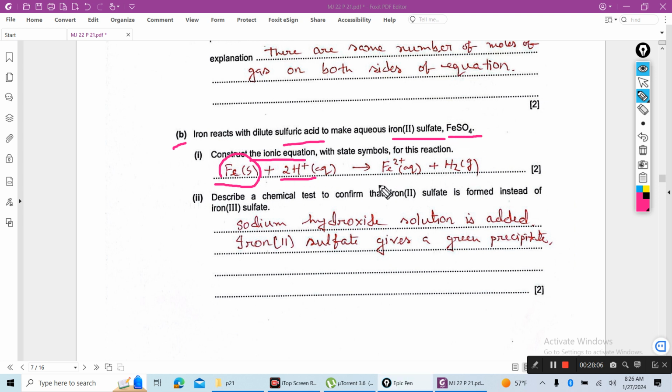Iron 2 sulfate forms iron 2 ion and sulfate ion. Sulfate ion is common to both sides, a spectator ion. Iron solid plus 2 H+ aqueous gives iron 2 ion aqueous plus hydrogen gas. This is the ionic equation when iron reacts with sulfuric acid.